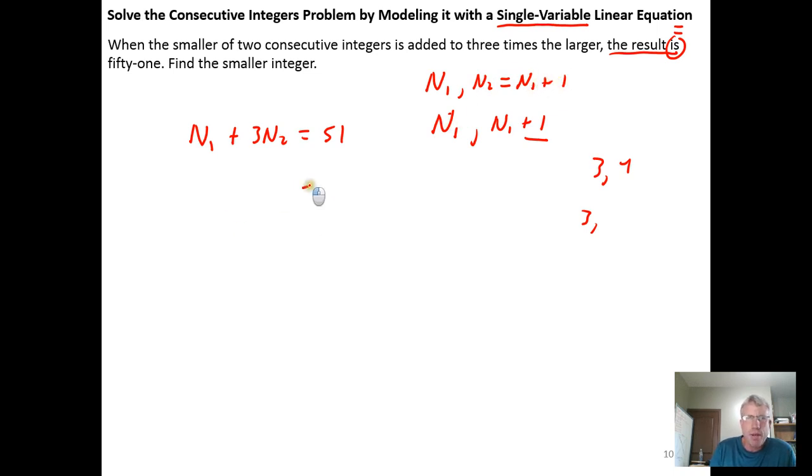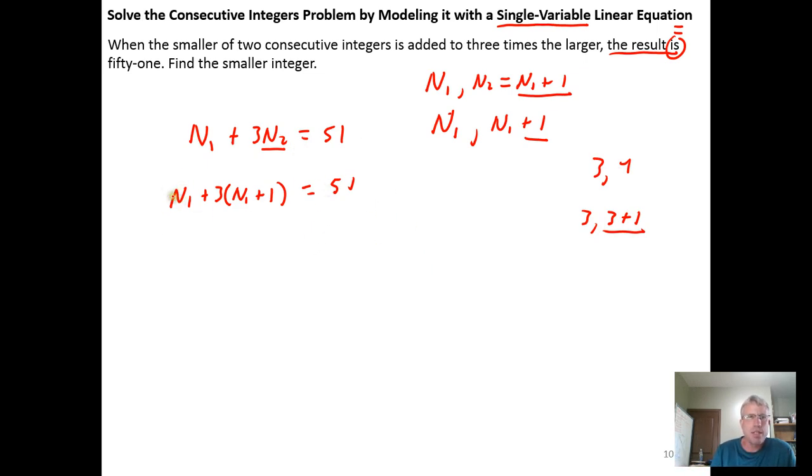So in the equation, I can take n sub 2, so there's n sub 1 plus 3 times n sub 2, and I can replace n sub 2 with n sub 1 plus 1. Add 1 to the smaller, and that's the same as the next consecutive integer. Add 1 to the smaller guy, and you get the next integer in line.